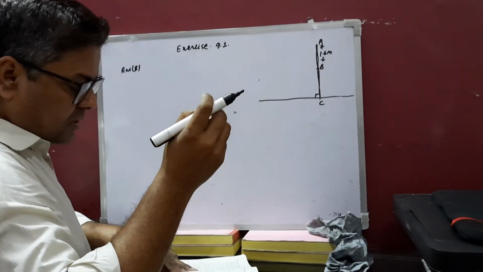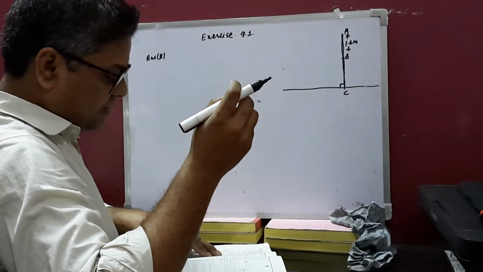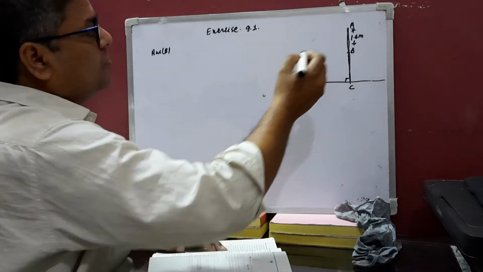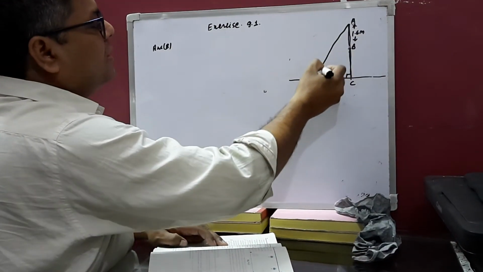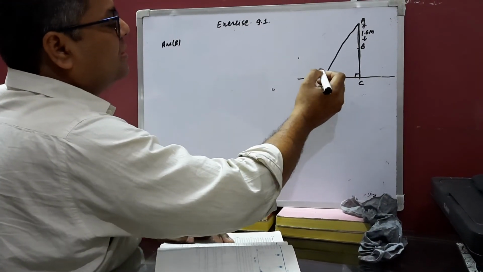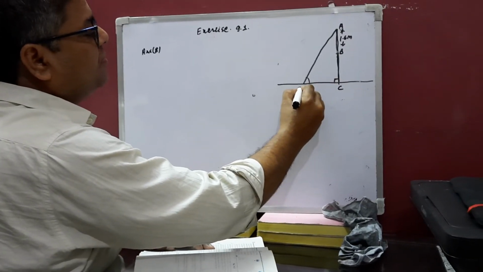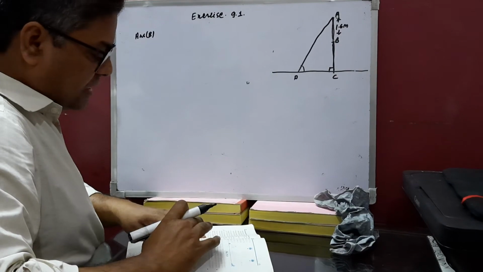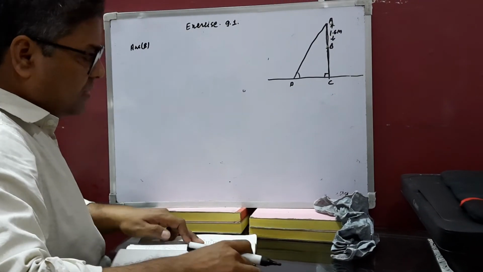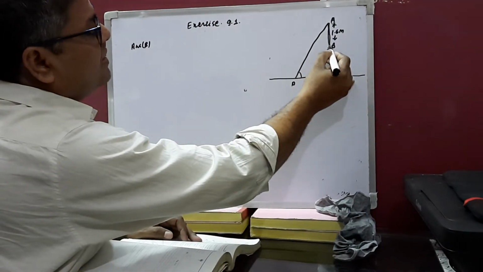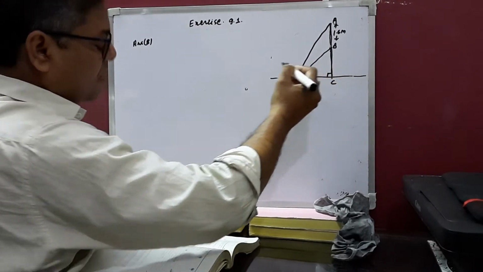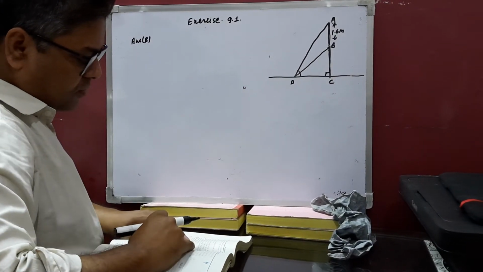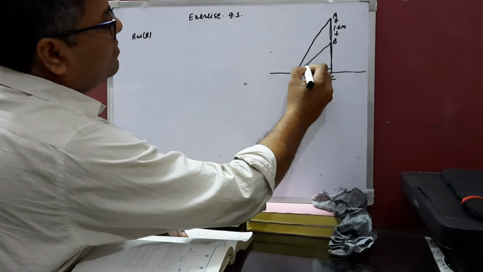From a point on the ground, the angle of elevation of the top of the statue is 60 degree. This is the point P. And from the same point, the angle of elevation of the top of the pedestal is 45 degree.